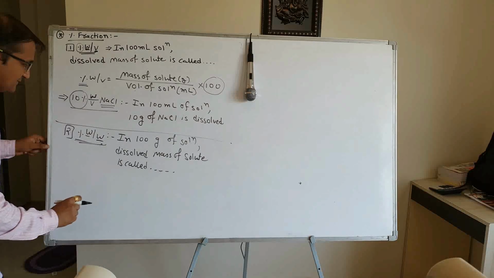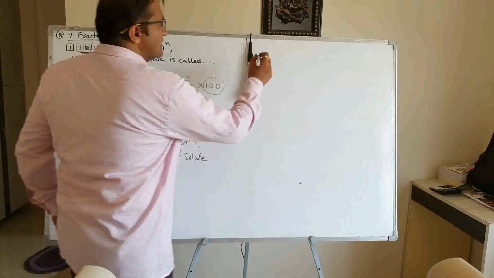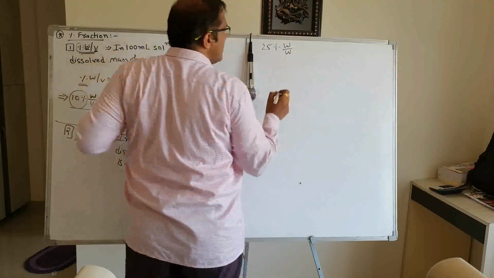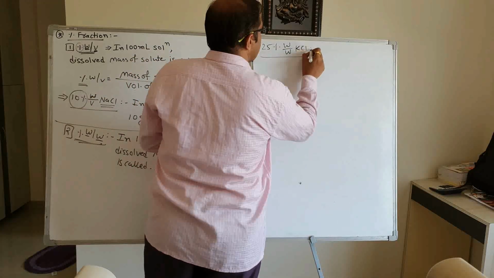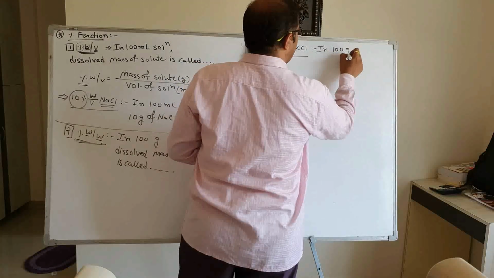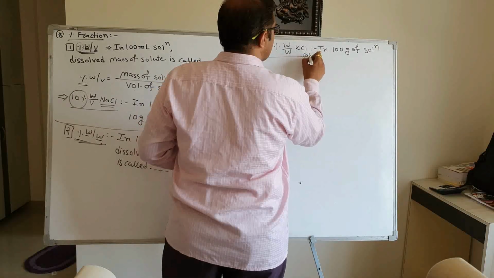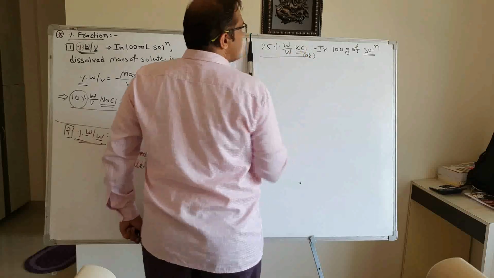So if we take one example of it, if I say 25% W by W KCl, then it means in 100 gram of solution. If we take aqueous solution, then generally KCl will be dissolved in water.